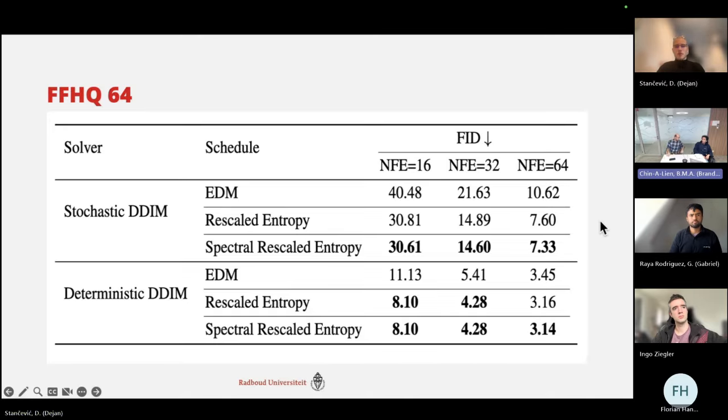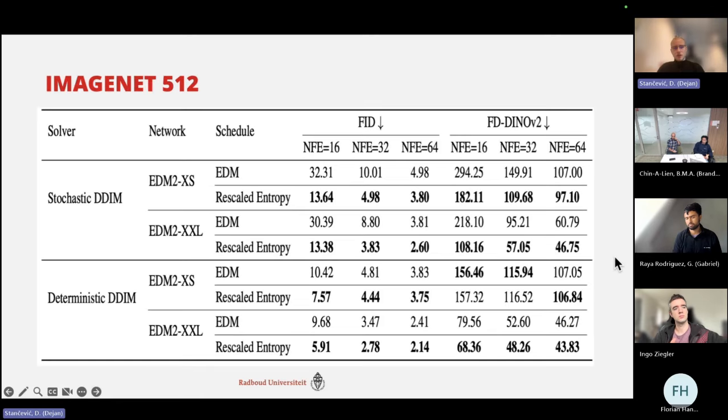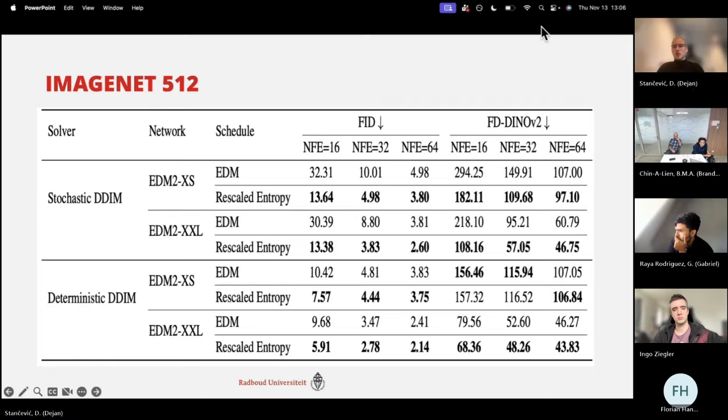So in general, for first order solvers, we see quite consistent improvement. Even for ImageNet, which is done in latent space, so we don't really have access to spectral information, and it's questionable how much spectral information is preserved by the transformation into latent space, we can still see that rescaled entropy is consistently outperforming the EDM schedule in both FID and FDD.